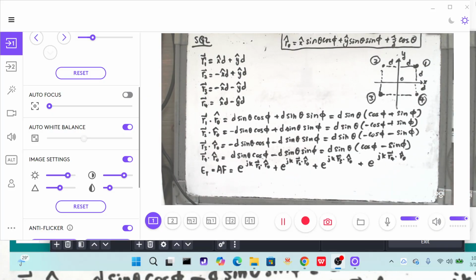And now I'm running out of space, but I can still manage.